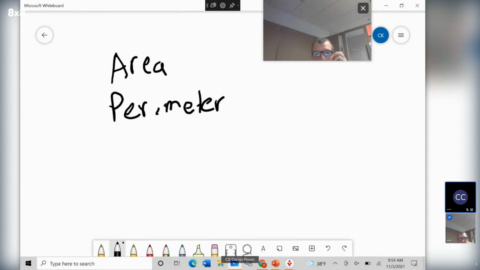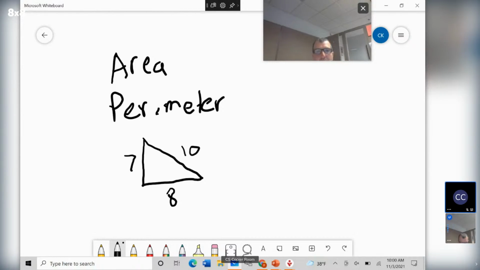Okay, so for the perimeter, let's say this side is 8 feet, this side is 10 feet, and this side is 7 feet.